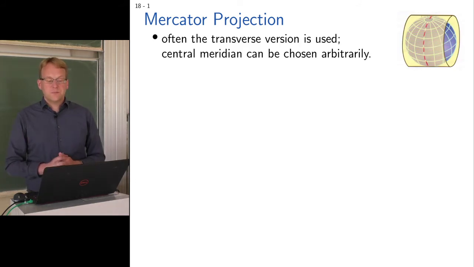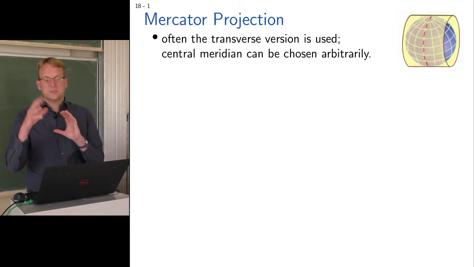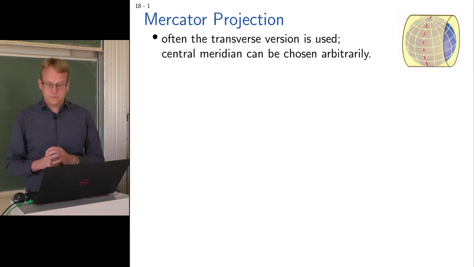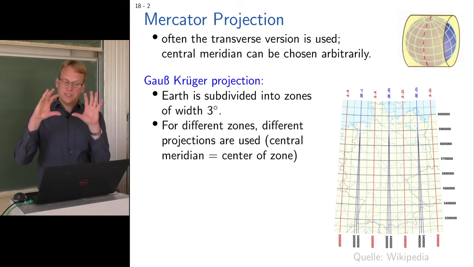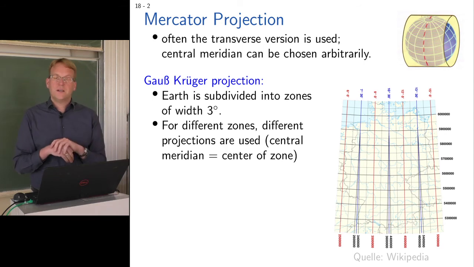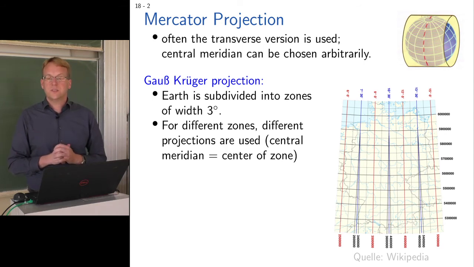Well, what more is there to tell about this Mercator projection? Often the transverse version is used, of course. We don't often use this normal position of the cylinder, but we choose some meridian arbitrarily. And then one thing we can do is subdivide the Earth into zones, for example with the Gauss-Krüger projection that was in use in Germany for quite a long time.